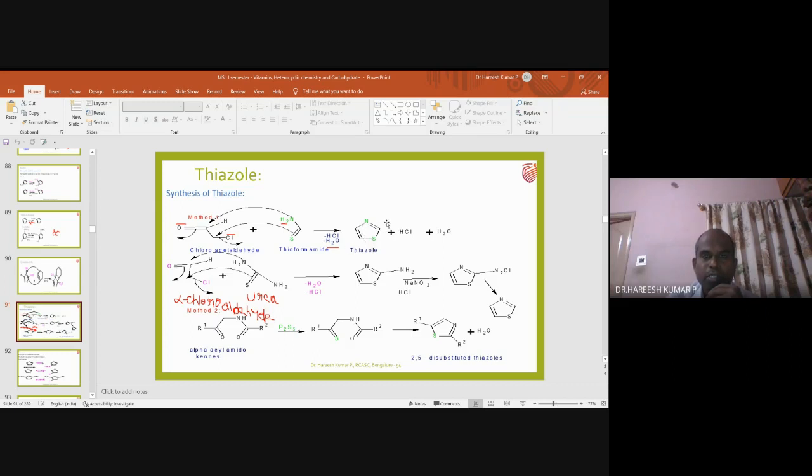It is possible to synthesize thiazole starting with chloroacetaldehyde. What is chloroacetaldehyde? This is the functional group, and this position is called alpha. Alpha chloroacetaldehyde is treated with thioformamide.